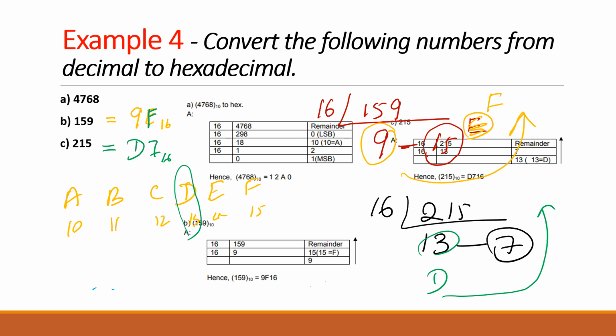A is 10. You know, A is 10. Zero is 0, yes. Both the number systems have 0. So start with 0. You have F for 15.